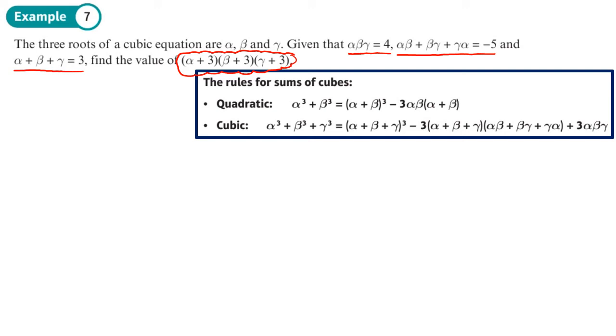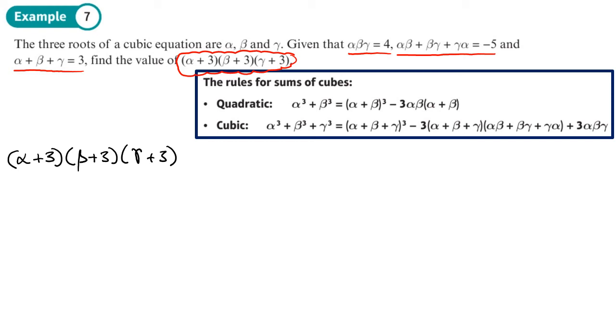Now we're going to actually multiply out alpha plus 3, beta plus 3, gamma plus 3. Then we can compare it to the values that we've got, and you'll see that we should be able to substitute numbers in with maybe a little bit of multiplication or adding to get it to fit this.